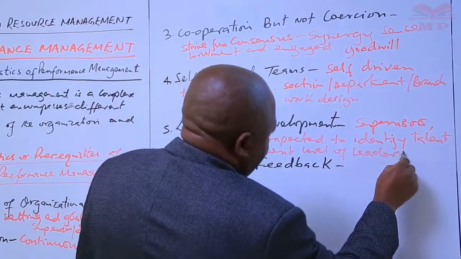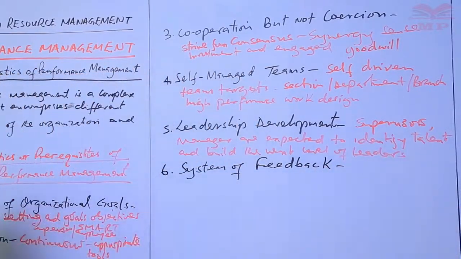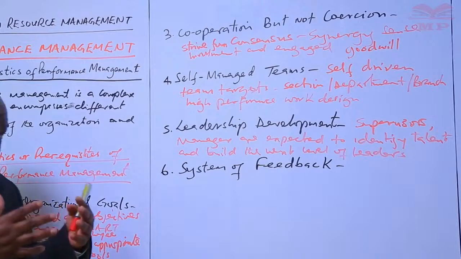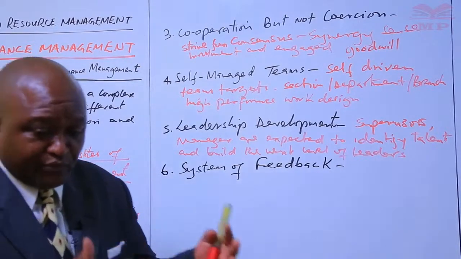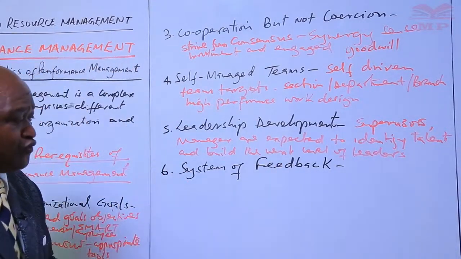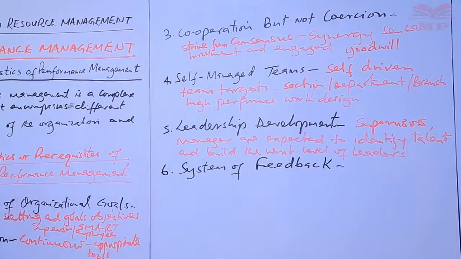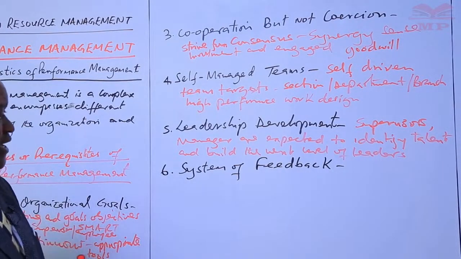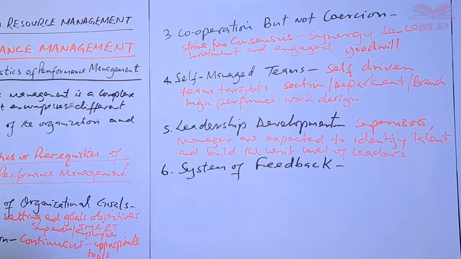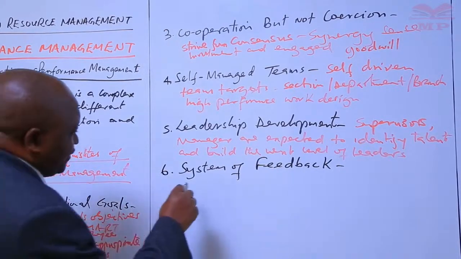Basically, organizations are supposed to develop other levels of leaders. When supervisors involve employees, they identify talent, they build these employees, they give them skills development, capacity building and exposure. That is one way of growing the performance management process, because it enhances the understanding of organizational objectives.